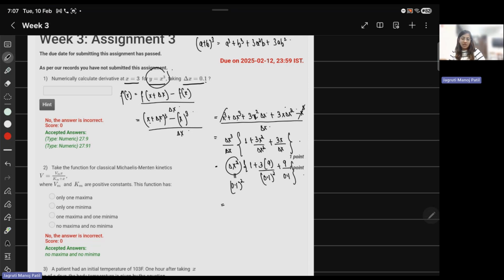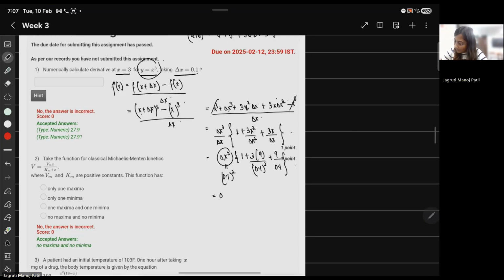So evaluating it, you have 0.1 square, that's 0.01, and then you have 1 plus 27 by 0.01 plus 0.9, right? That you know. So you have 0.01 times 1 plus this is by this.